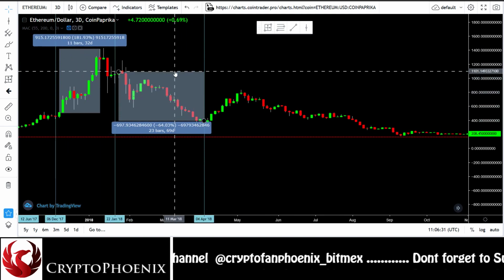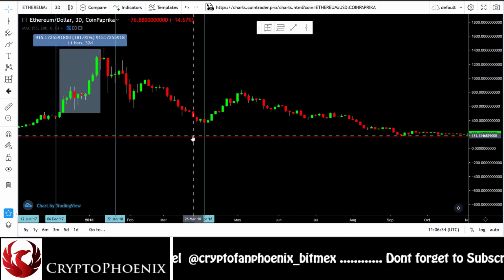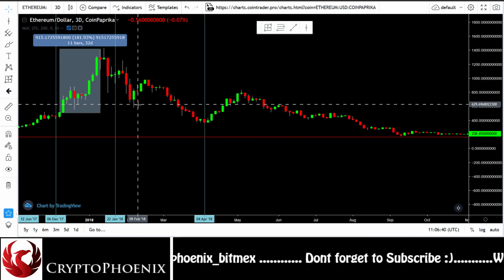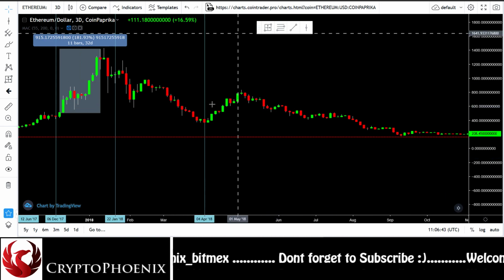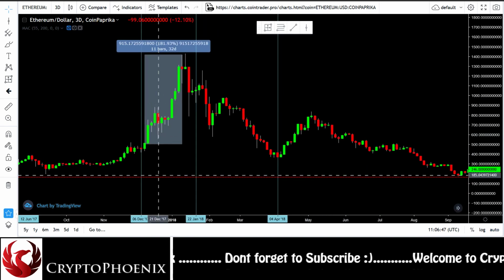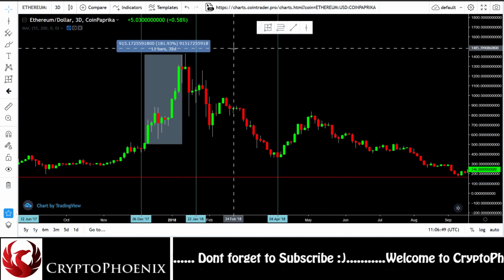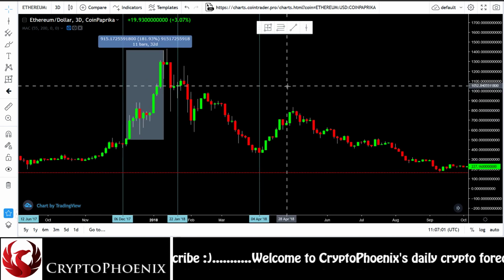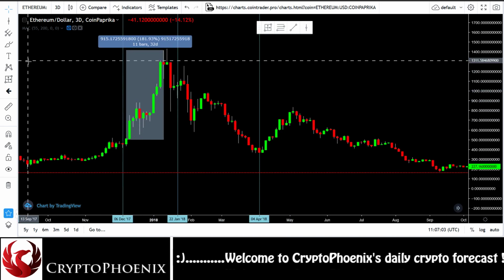When I was trying to establish such a relation, I was trying to correlate dominance and altcoins, and after spending a few days looking at the relation between dominance and altcoins, I can't say Ethereum is an altcoin, but I have taken Ethereum as an example to illustrate to you guys. Pretty much it was inversely proportional to dominance.